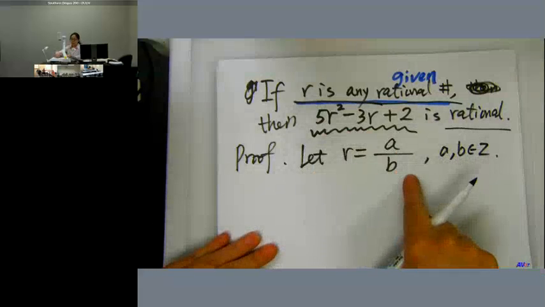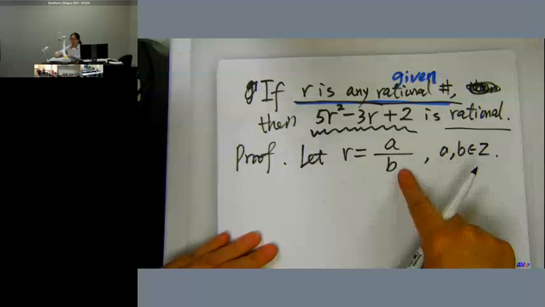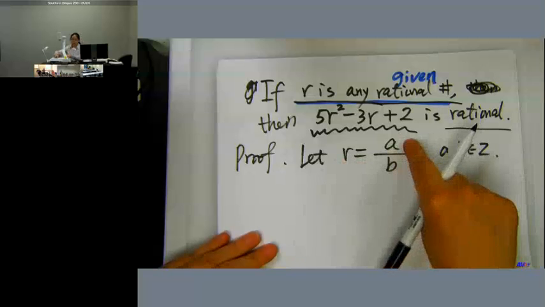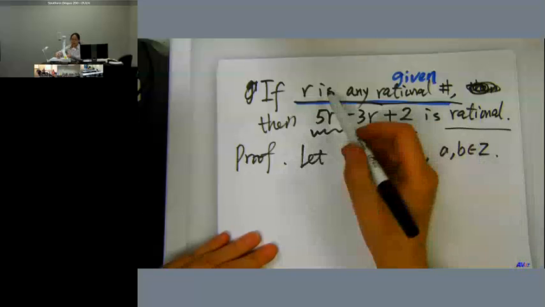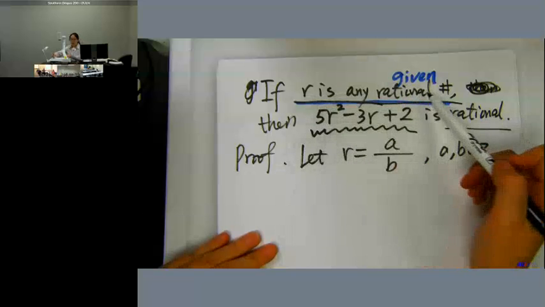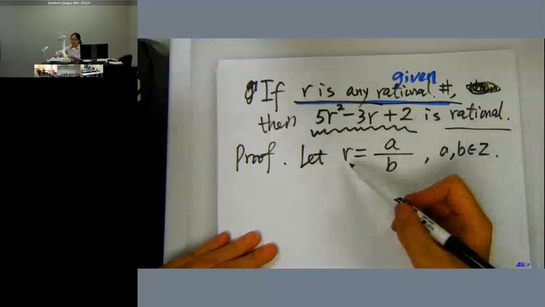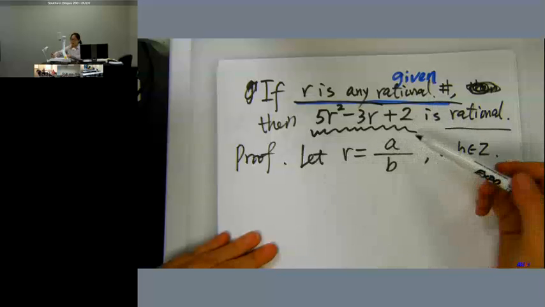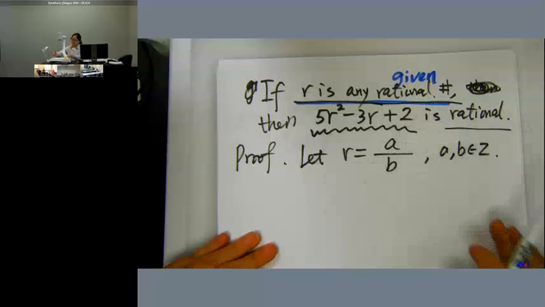Why can I do that? How can I assume R is an integer divided by an integer? Because it's given, right? The problem says R is a rational number. By the definition of a rational number, R should be able to have this form, integer divided by integer.